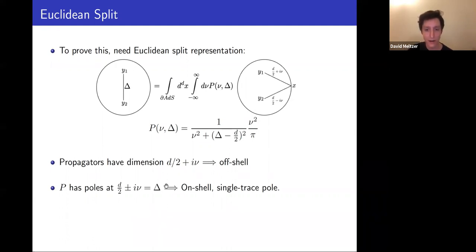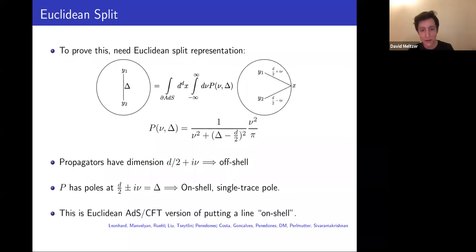So I'll call this an on-shell single trace pole. And this is the Euclidean AdS/CFT version of putting a line on shell. But it doesn't correspond, at least as far as I understand, to our usual notion of inserting delta functions and using Wightman functions.